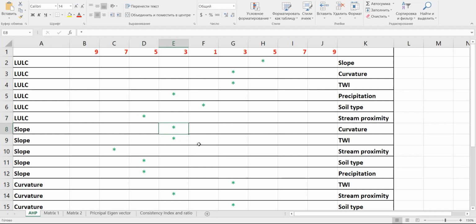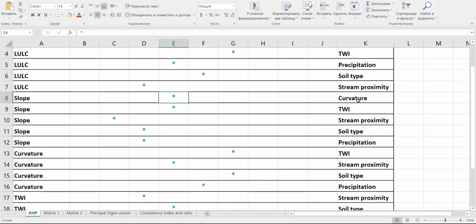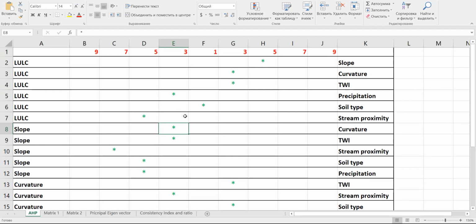Comparing slope and curvature, I think slope is slightly more important than curvature. In all models trying to model water erosion, slope will always have a dominant position compared to other factors.